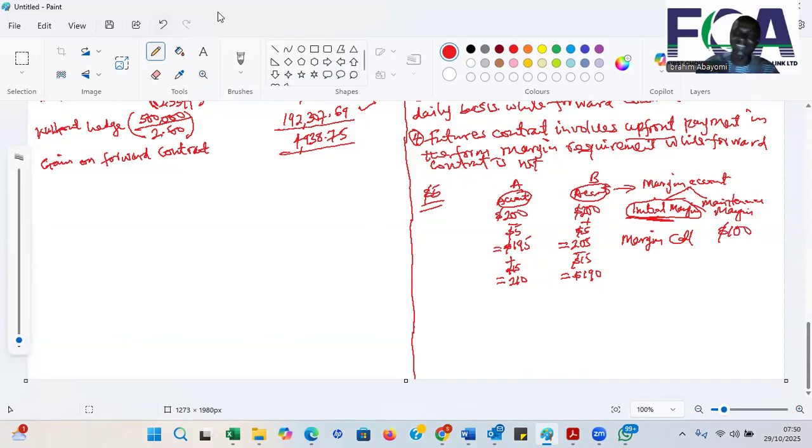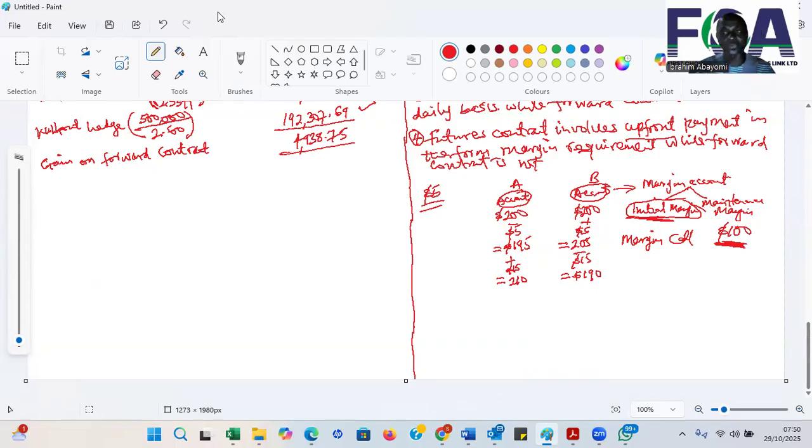As the daily settlement, mark to market, is being carried out, any party whose account balance has dropped to $100 as a result of accumulated losses will receive a margin call from the exchange.